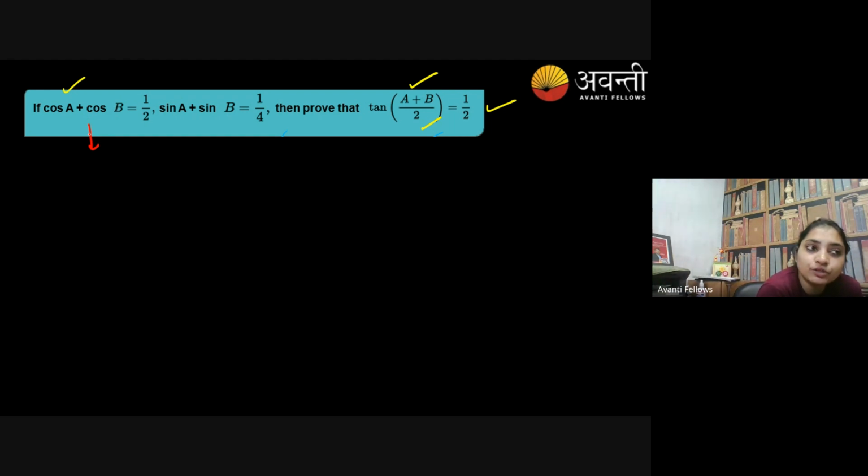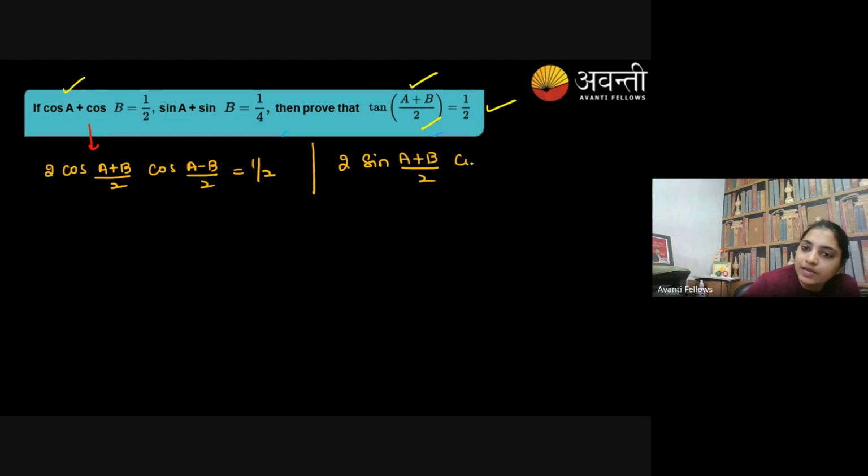So when 2 cos are added, it will give me 2 cos((A+B)/2) cos((A-B)/2), and that must equal 1 by 2, right? In the same way, when 2 sines are added, then 2 sin((A+B)/2) cos((A-B)/2), and that must equal 1 by 4. Any doubt?